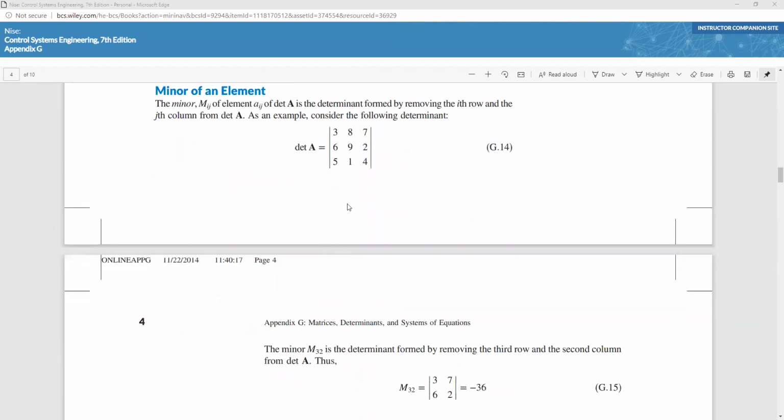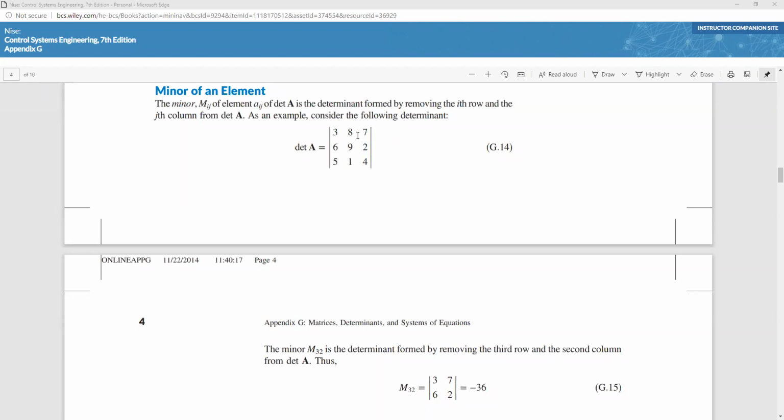Now, if you have something like that, the minor Mij of element aij of the determinant A is the determinant formed by removing the ith row and the jth column from the determinant A. Now consider this one, look at this very carefully.